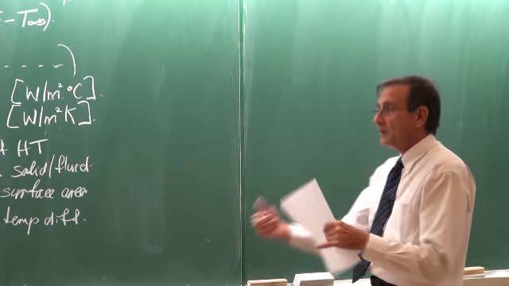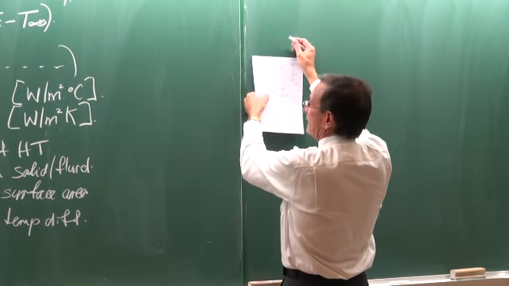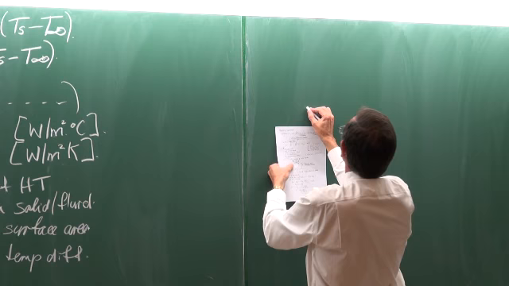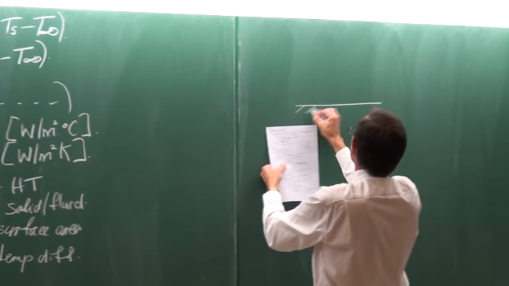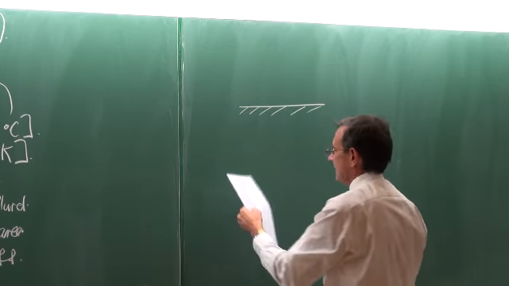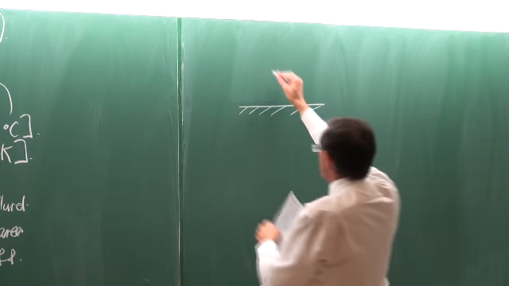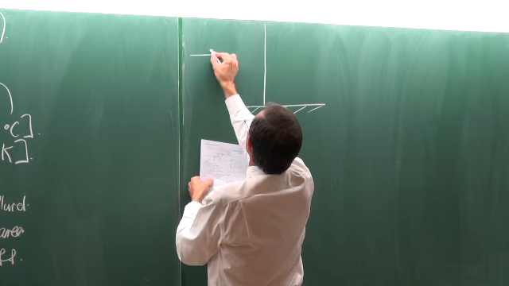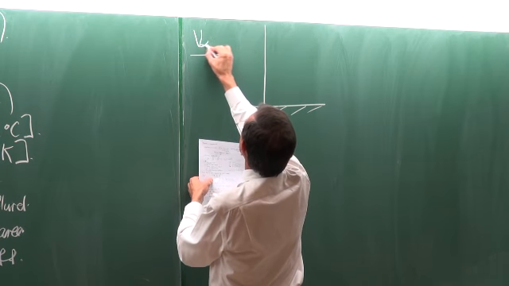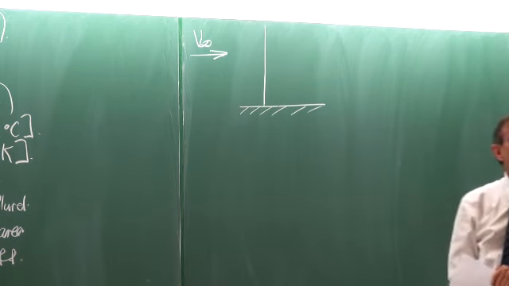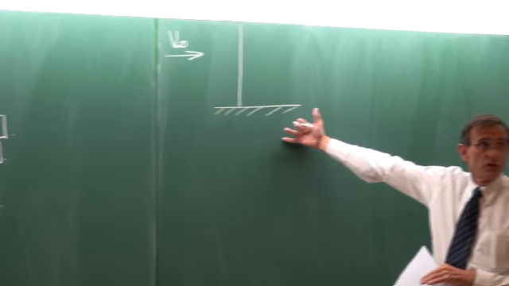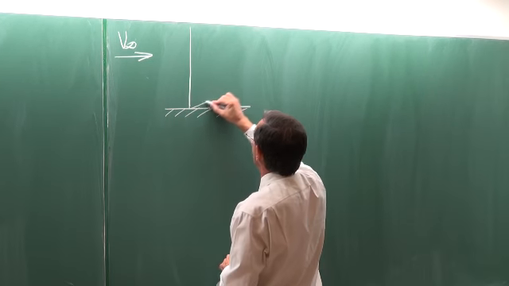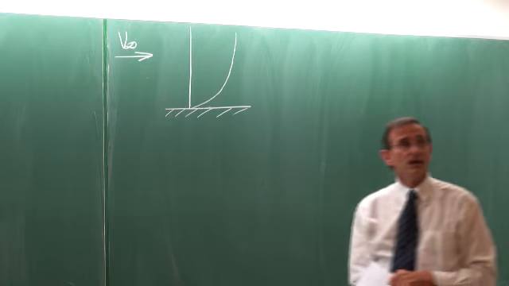Now let's look at our fluid mechanics, and that is why we cannot really separate heat transfer from fluid mechanics. You've already done it with boundary layer theory, that if that is the free stream velocity, and there's a solid surface, then there will be a boundary layer developing like that.